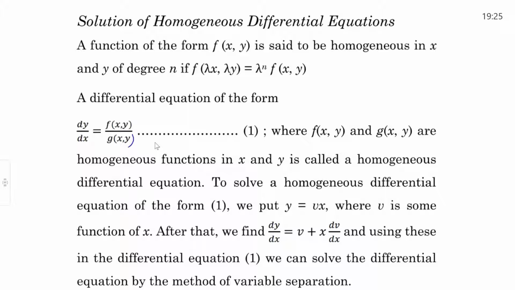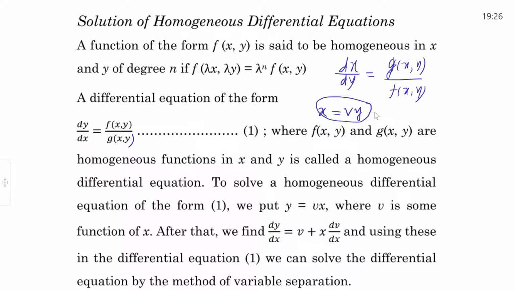Clear? Now, to solve any homogeneous differential equation of the type d y d x, we put the substitution y is equal to v x. But if your differential equation is in the form d x d y, that is g of x y divided by f of x y, then the substitution will be x is equal to v y.